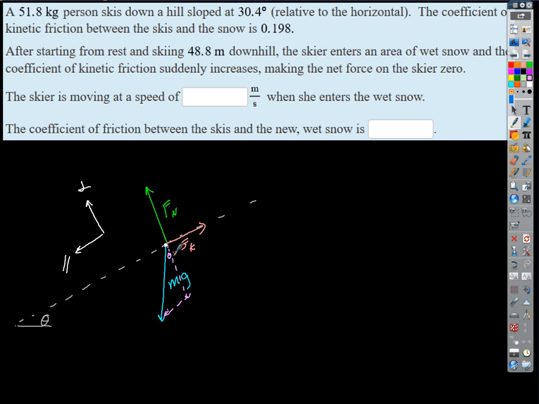Okay, so then let's redraw that one time. The only thing we've got to change here is I'm going to substitute these two components for that one non-orthogonal force, that one vector that's not lined up with the component directions.